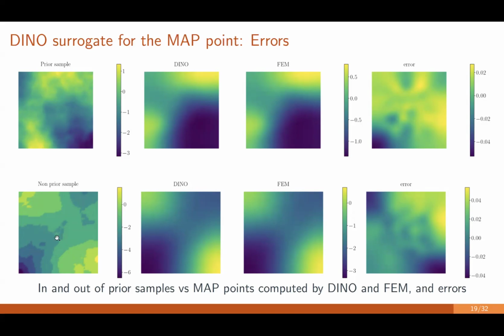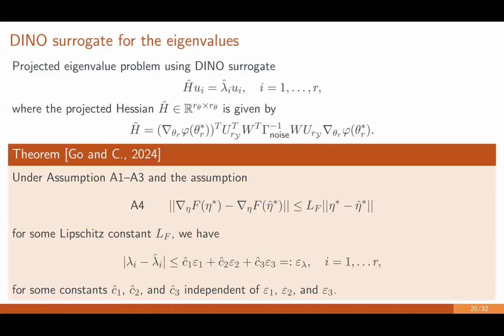This is another test sample out of the distribution. This is a Gaussian random field, and this is a so-called truncated Gaussian random field. It's not exactly from the same distribution, so it's kind of an out of distribution sample. We also tested the neural surrogate and the high fidelity approximation. It matches pretty well again.